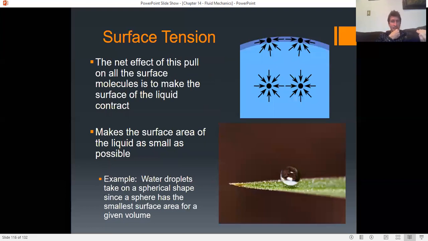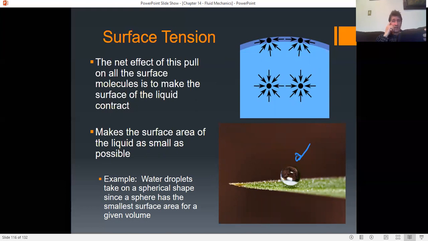And we can see that here. We can see this little bead of water pulling itself into a ball due to this surface tension. And again, the stronger the cohesive force, the more surface tension, the more likely it is to ball up. Okay. You don't see this as much in non-polar molecules.